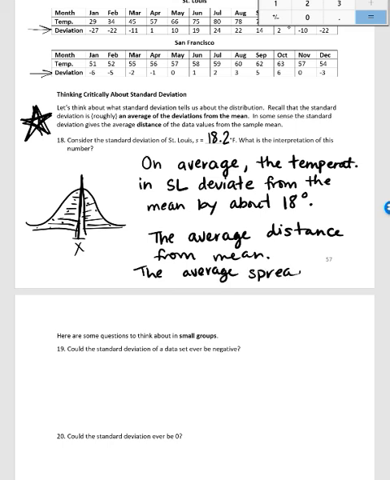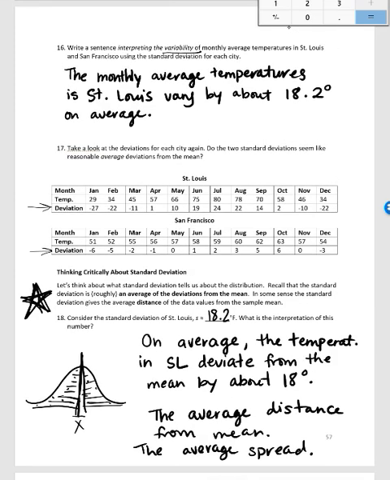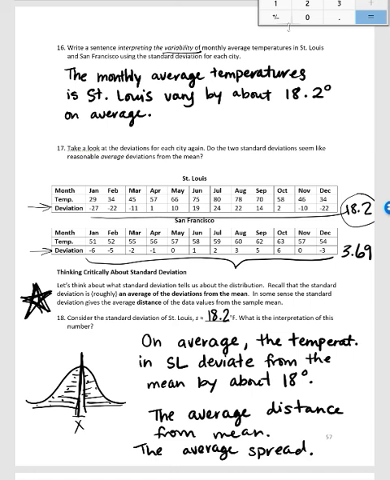How far away is all the data from the mean? If it's a very small standard deviation, like we see here with San Francisco, where it was 3.69, this represents the case where the data is all fairly close together. Remember in the dot plot. Here, where this number is much higher, this represents where the data are much more spread apart. So a high standard deviation means our data are much more spread apart. A low standard deviation means they're more clustered together.